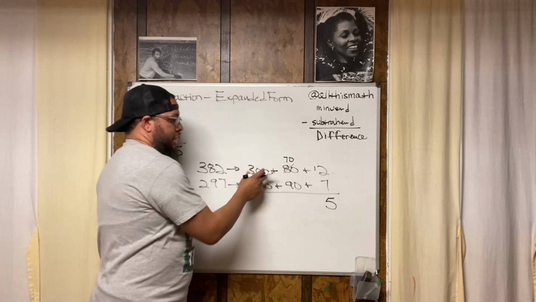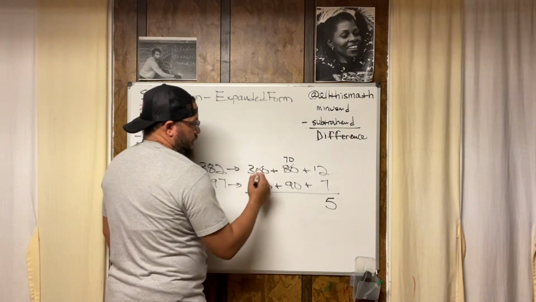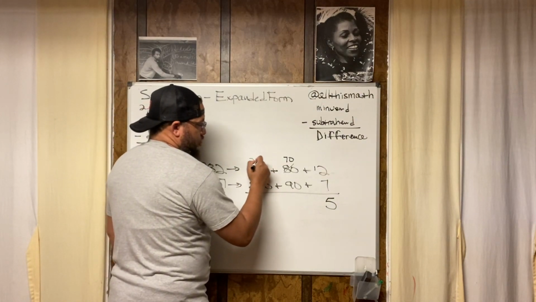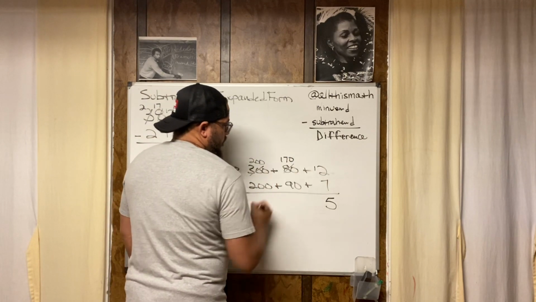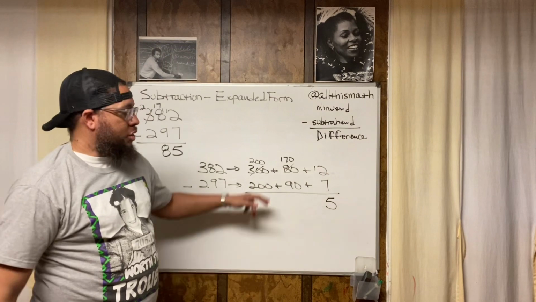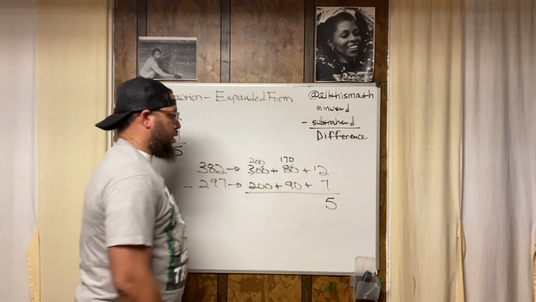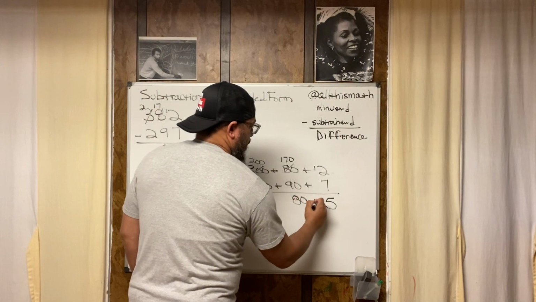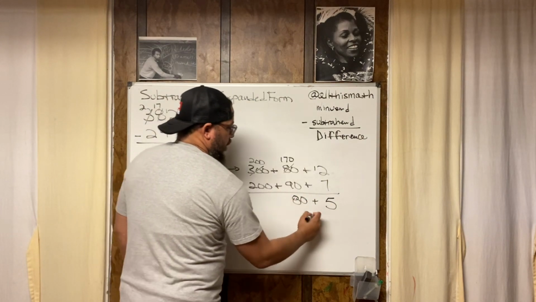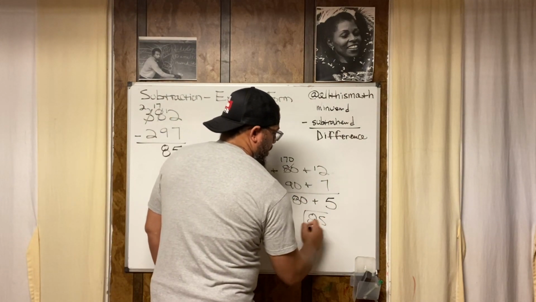I'm going to borrow exactly 100. So I'm borrowing 100 from 300. So that's going to turn this into 200. And I'm going to take that 100 and add it to the 70. So that becomes 170. So then I'm doing 170, take away 90, and I get 80. Put a plus sign, 80 plus 5. 80 plus 5 is 85.